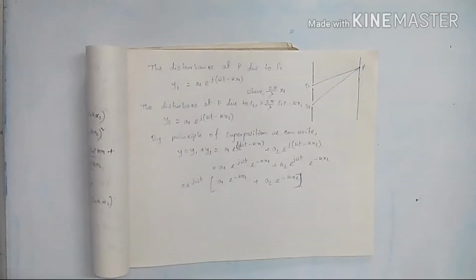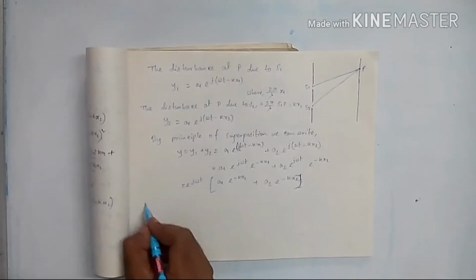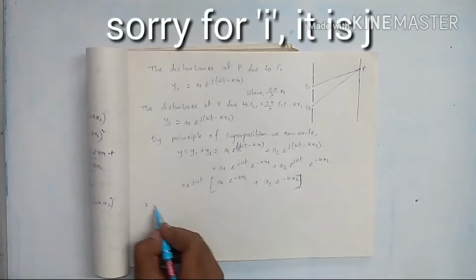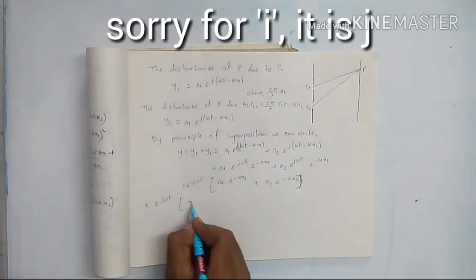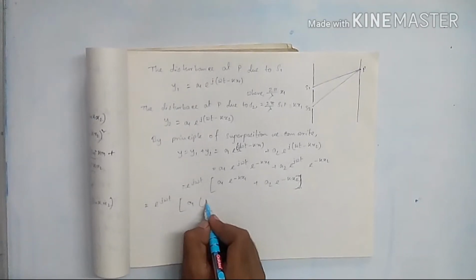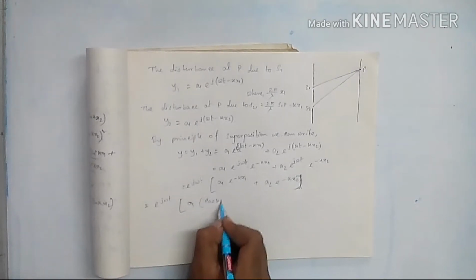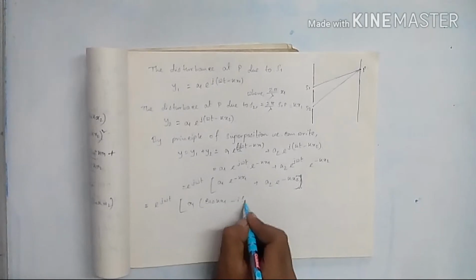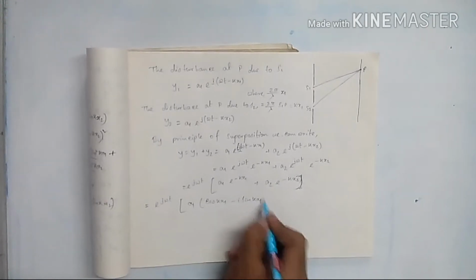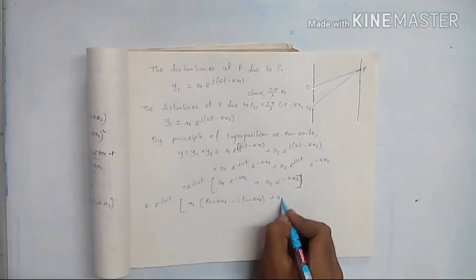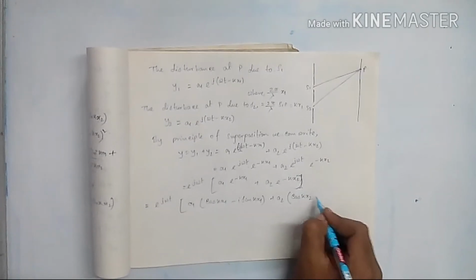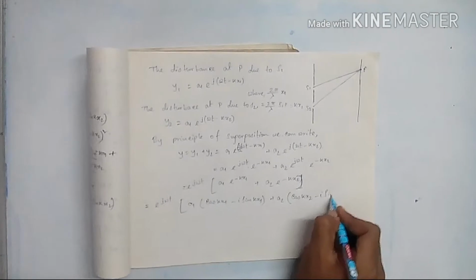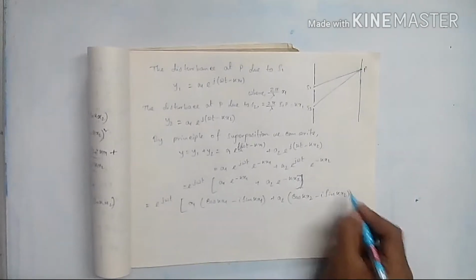So this can be written as e to the power j omega t times A1 (cos kx1 minus i sin kx1) plus A2 (cos kx2 minus i sin kx2).